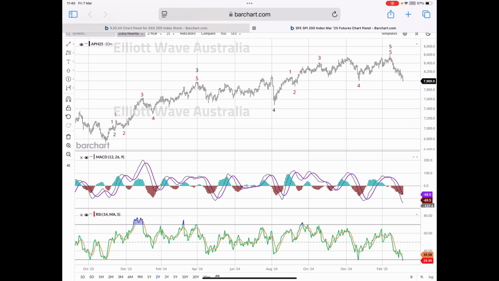I thought when prices got into December, that was wave 5, but we did come back in red wave 4, and then we've got an ending diagonal in red wave 5, the last 5 on the chart. That's a series of 3 waves, and from then we've got the current high locked in.